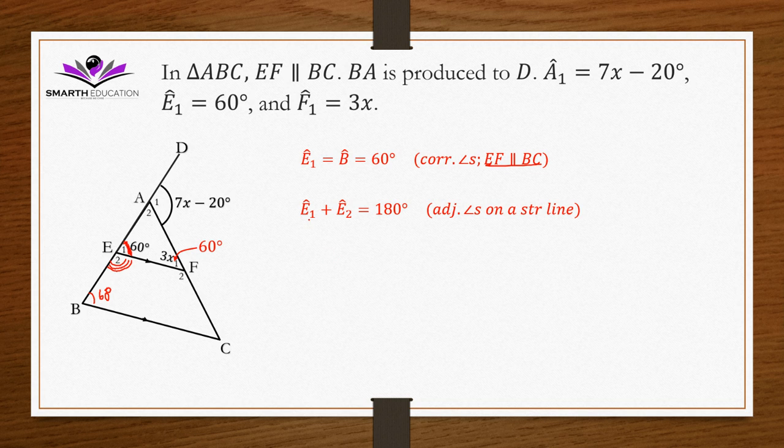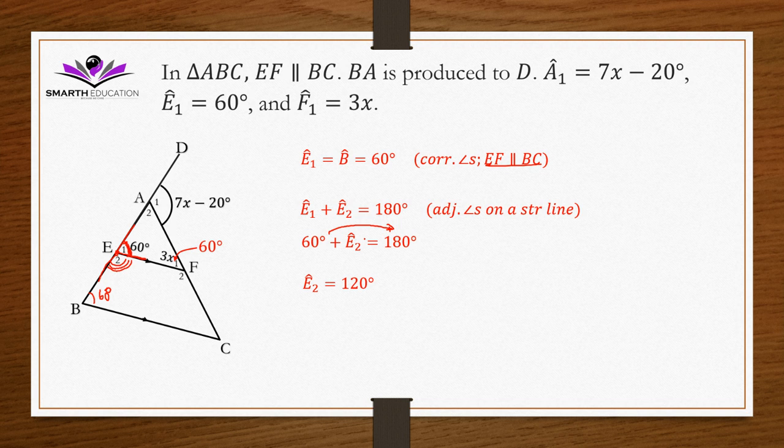And then angle E1 plus angle E2 is equal to 180 degrees. These are adjacent angles on a straight line, with a common vertex and a common side, or common arm. You see that? We know angle E1 is 60 degrees. Then we transpose, and it becomes 180 degrees minus 60 degrees. E2 is 120 degrees. Done.